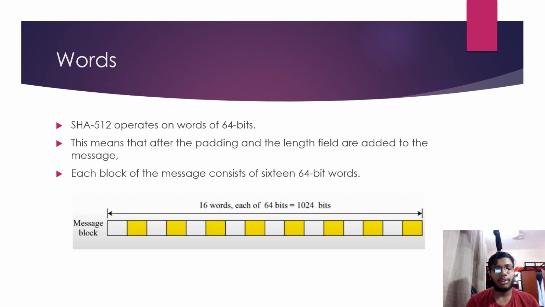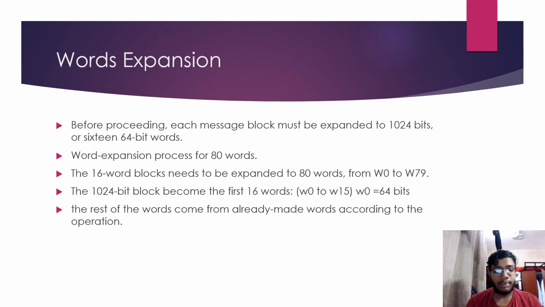As we discussed earlier, there are 80 rounds and each round makes use of a key word of 64 bits. Now we are going to discuss how to generate 80 different words to be given as input to the 80 rounds, and each word has to be 64 bits.